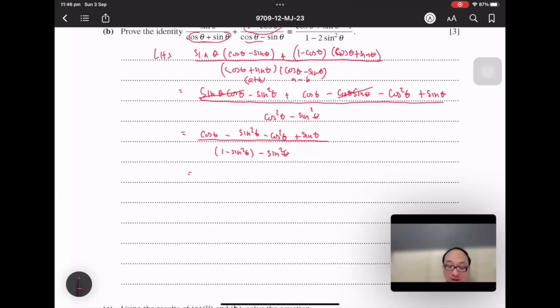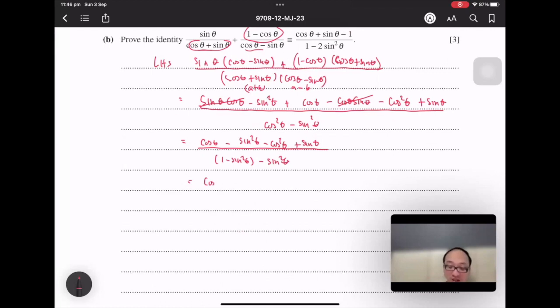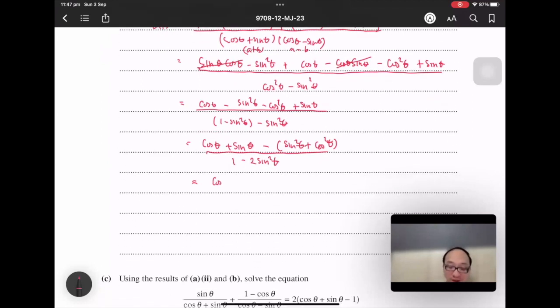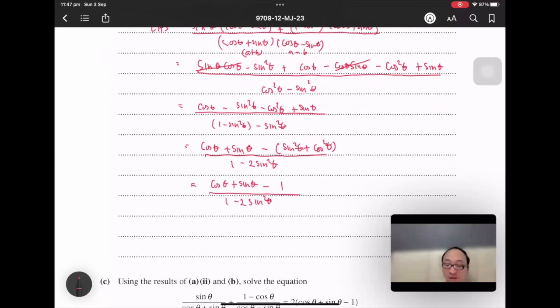So I can rewrite this as cos theta plus sin theta minus sin squared theta plus cos squared theta over 1 minus 2 sin squared theta. And this is equal to cos theta plus sin theta minus 1 over 1 minus 2 sin squared theta. So this is equal to the right hand side.